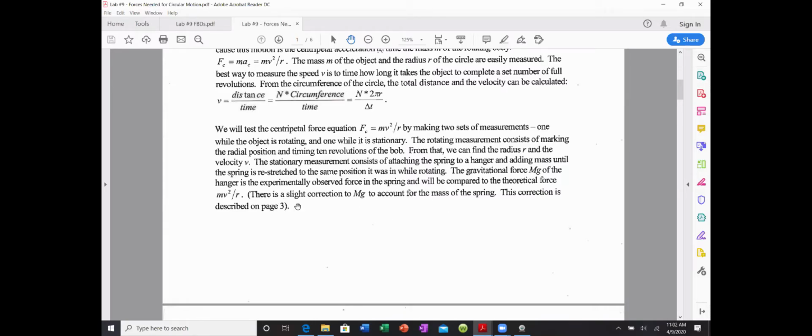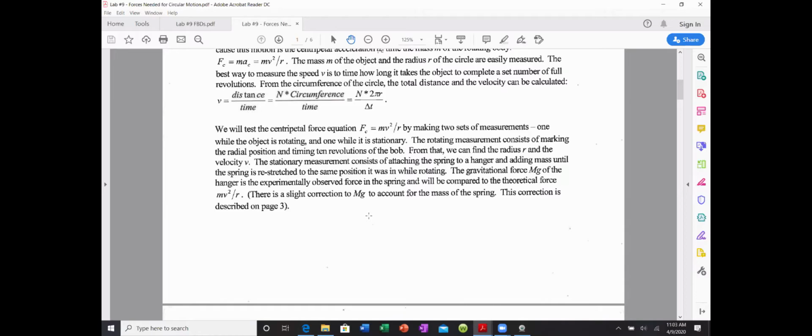Now, in parentheses, I'm going to come back to this last. There is a slight correction to capital Mg to account for the mass of the spring. This correction is described on page 3. I think the terminology there calls capital Mg F, and then it applies a slight correction and comes up with a slightly different force called F prime.